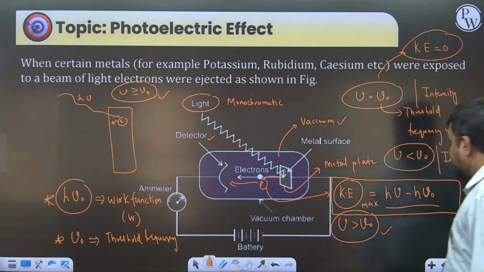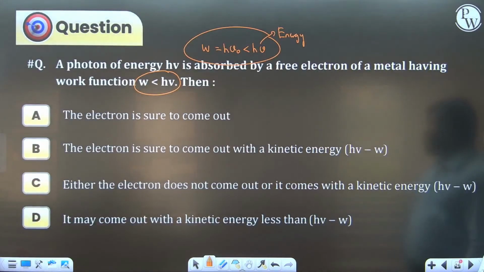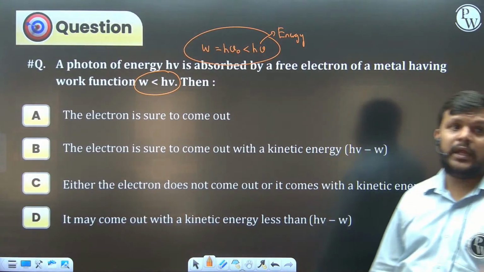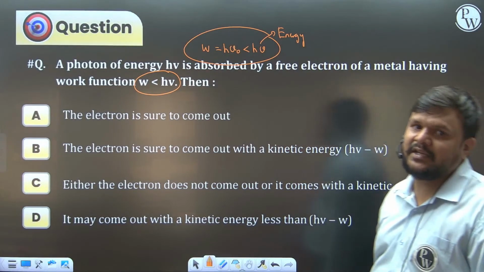So you cannot say that a photon with energy equal to or more than h nu naught will always eject the electron. You can say it may eject the electron.